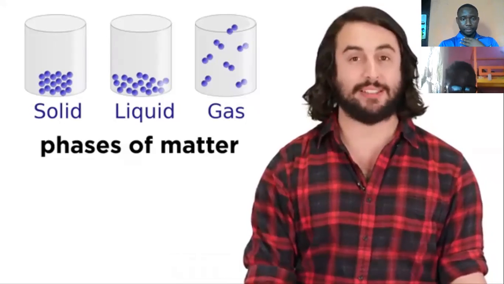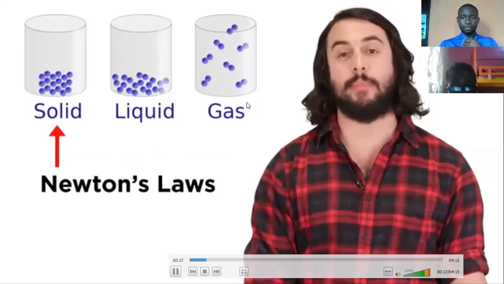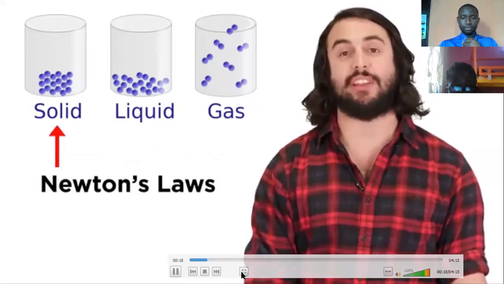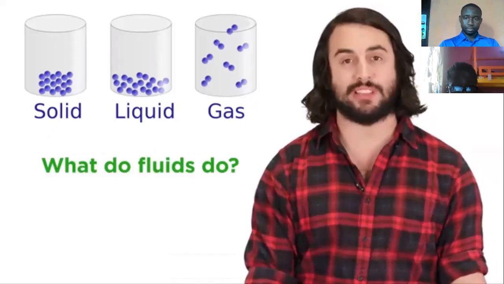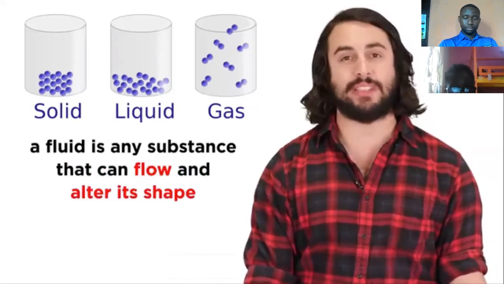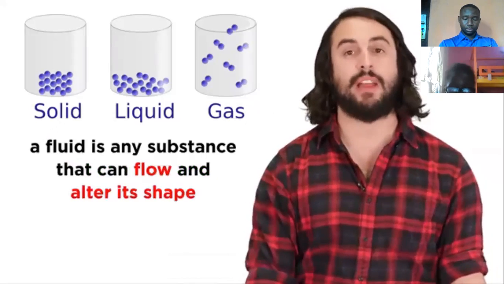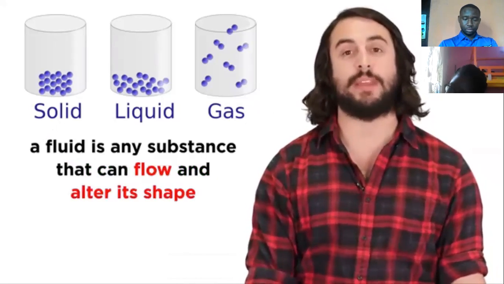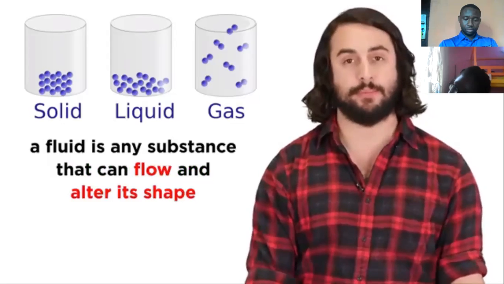Yes, sir. Okay. In this course, we have been focusing on the motion of solid objects, but there is much to be discussed in the way of fluids as well. A fluid is defined as any substance that can flow and alter its shape by virtue of its particles being able to move around with respect to one another.